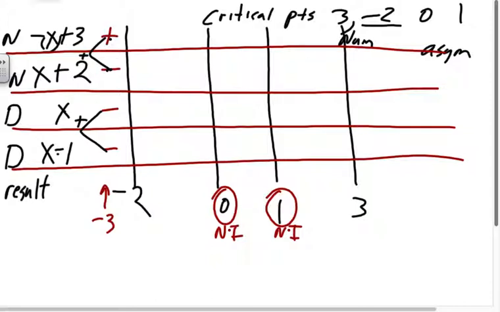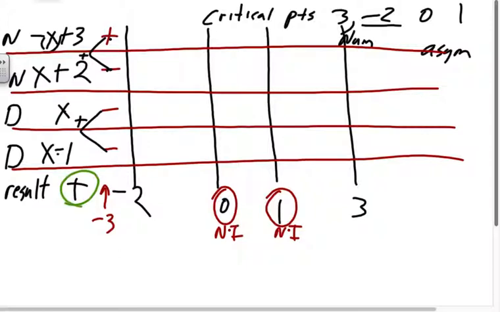Okay, so I've got a positive and a positive. A positive divided by a positive gives me a positive. And I know, because I did it before, that I want a positive result because it was greater than 0.